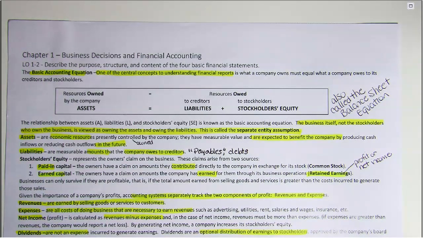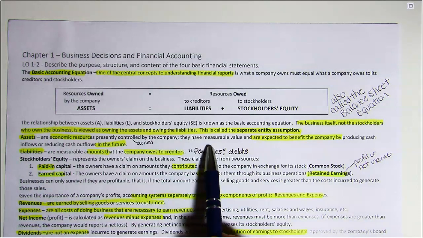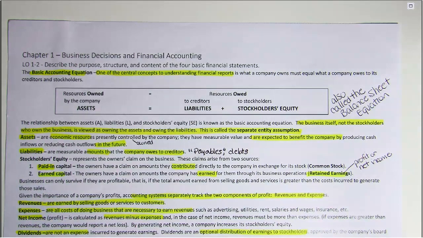In other words, if you want, you can even write that shorter definition down next to the end of that sentence. Assets are economic resources owned by the company that provide a future benefit.